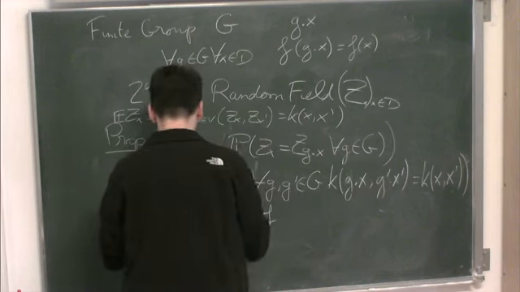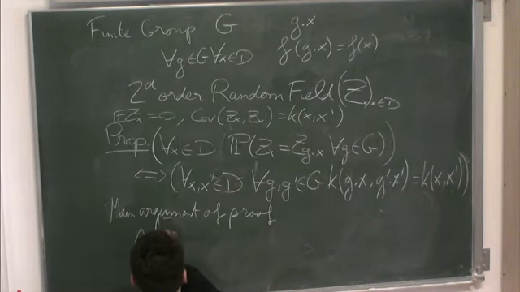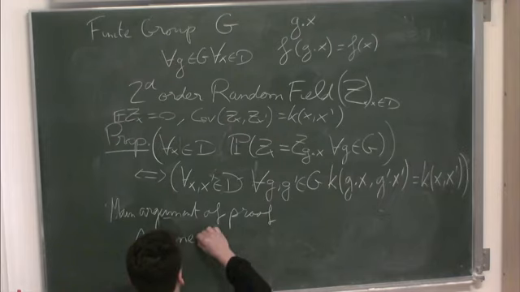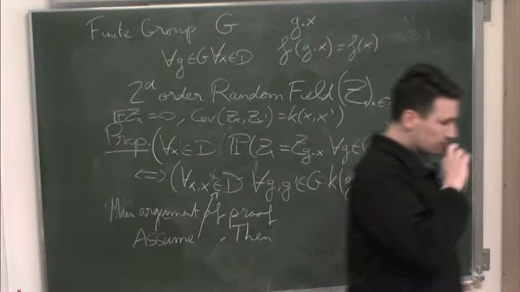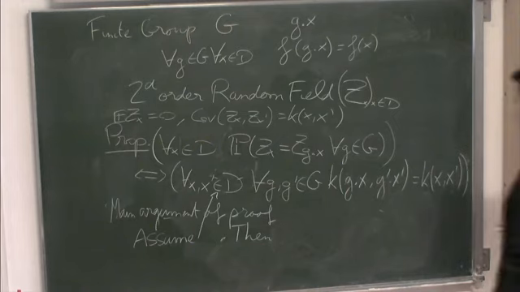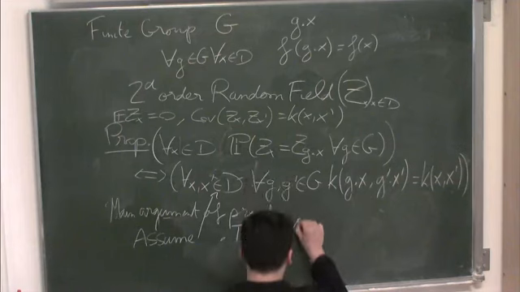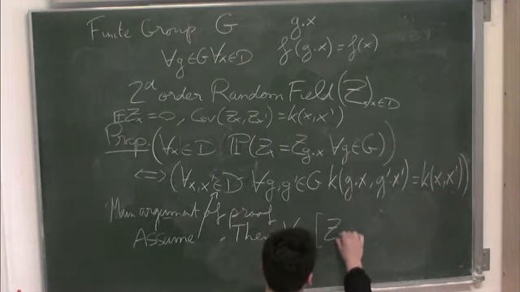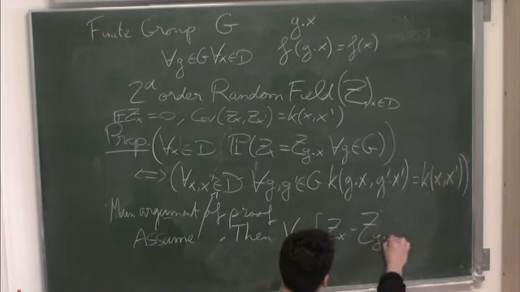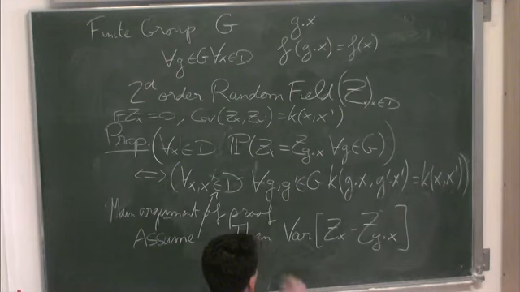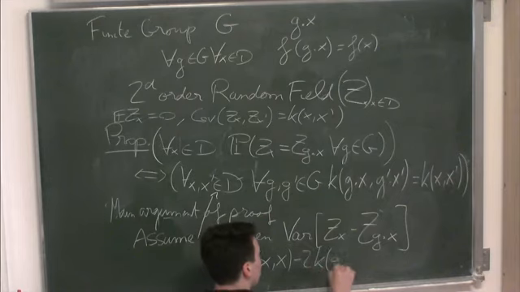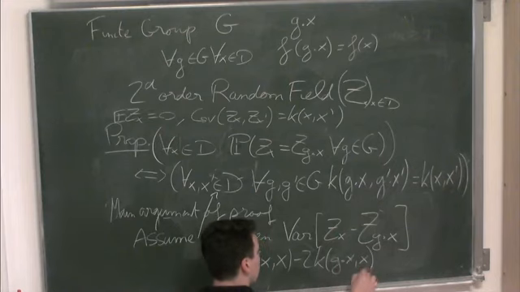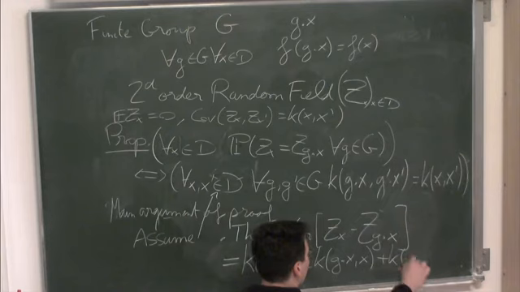If you assume this, then if you take the variance of Zx minus Z of g dot x, you can develop it as k of x, x minus twice k of x, g dot x plus k of g dot x, g dot x.